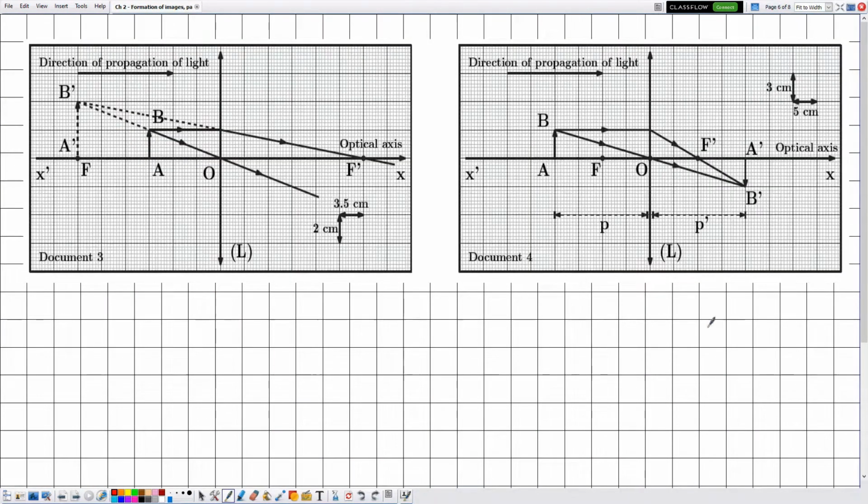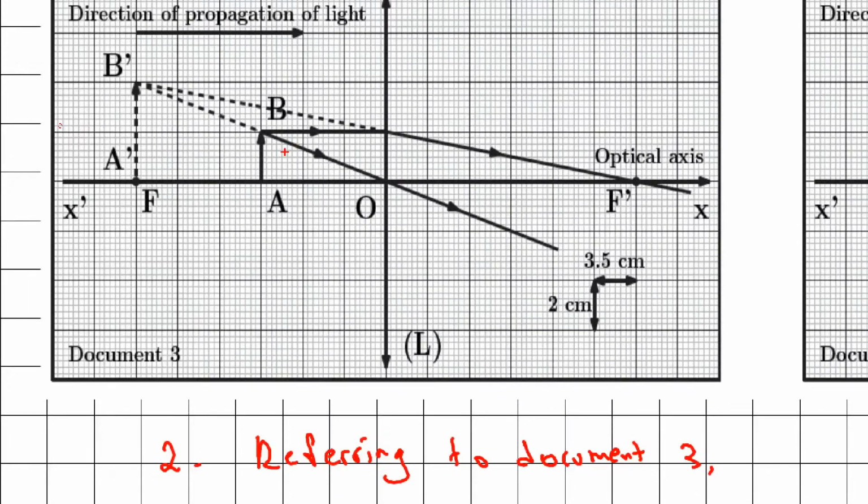And now we are still in the same section, which is the properties of an image given by a converging lens. Now, idea number 2. So here, referring to document 3, notice that the object AB is placed between the object focus and the optical center.